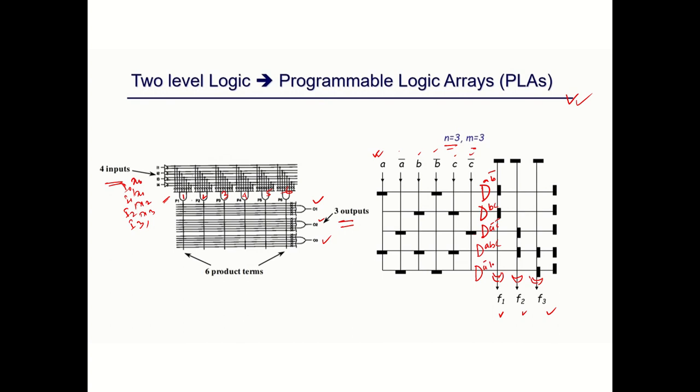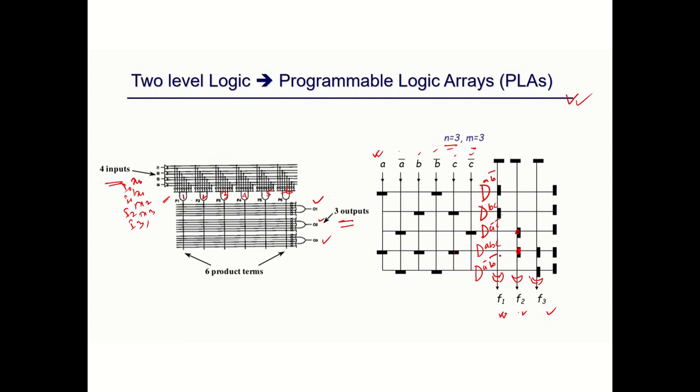Similarly, in the second plane we also need to fuse some portions. The first and second AND gates define the first function. The second function is defined with the help of these two AND gates, and F3 is defined with the help of the last two AND gates.